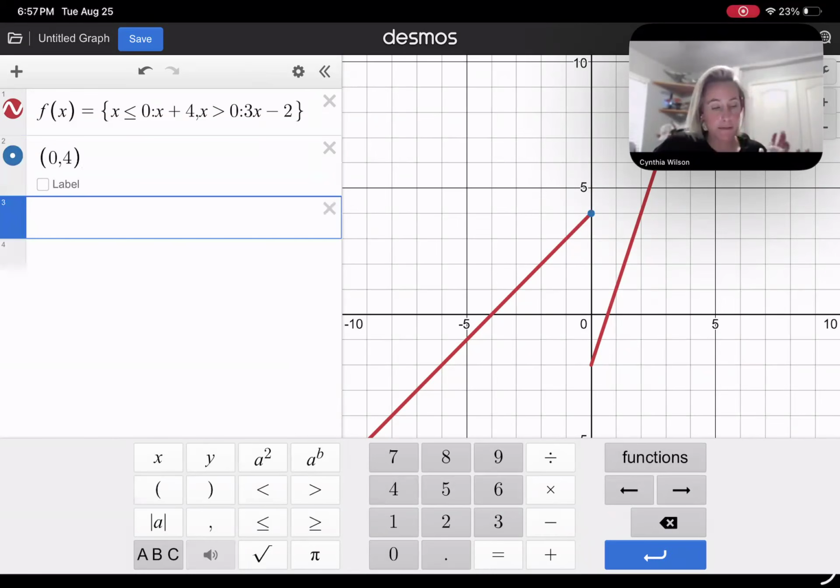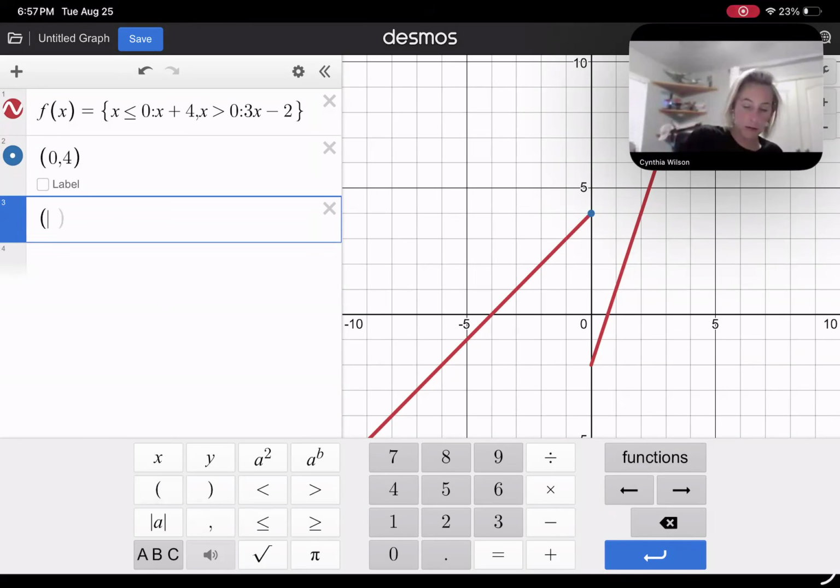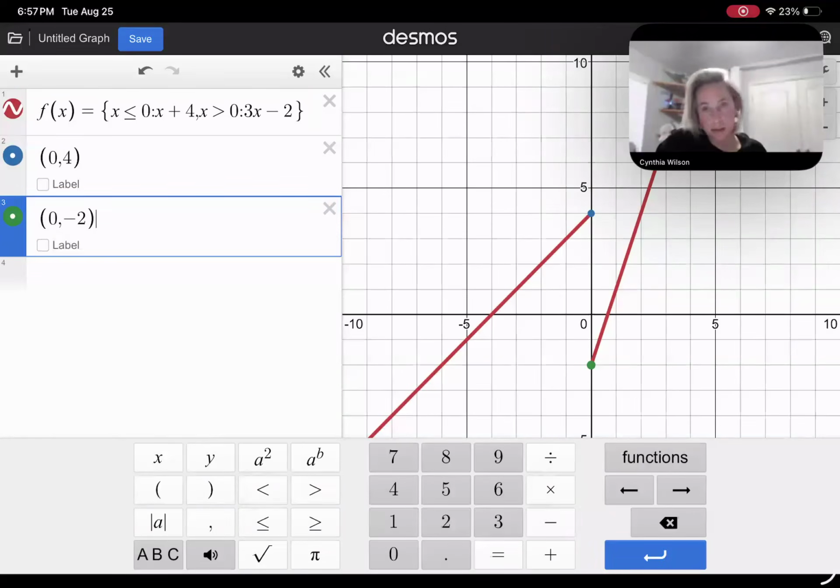You go into the next line, and I'm pointing at my iPad like you can see me. Under the 0, kind of 2 spaces down, that's another ordered pair. So 0, 2, or that's a lie, 0, -2. I'm doing that so you can see the endpoints.